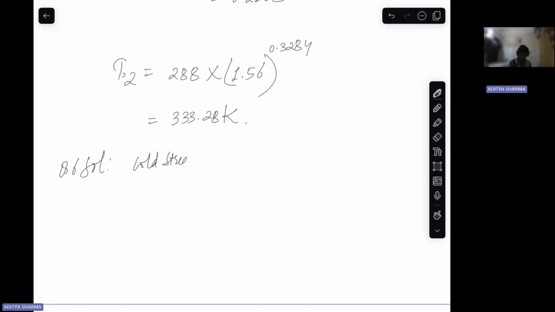For cold stream thrust, call it FC. This will be mass flow rate of cold stream times velocity, call it C8.